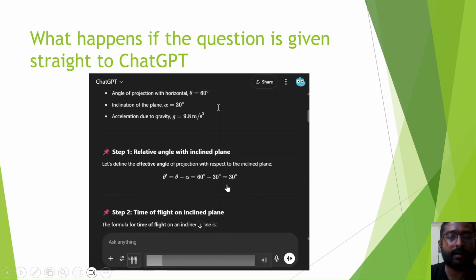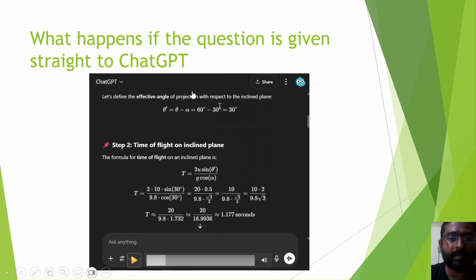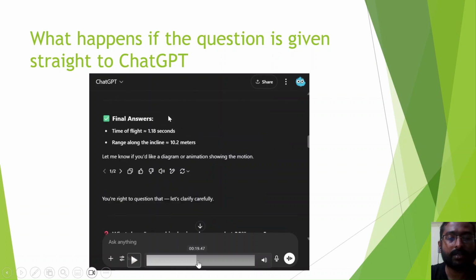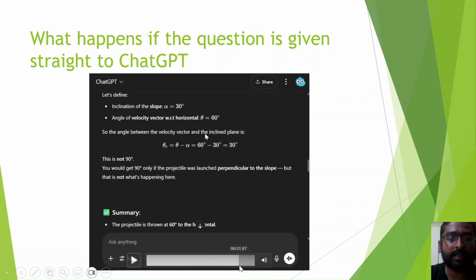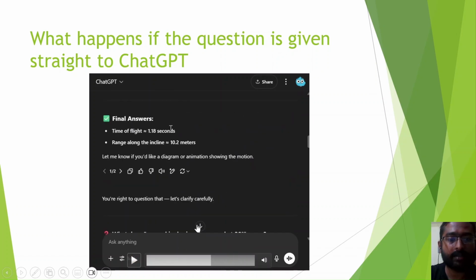When we plug the question straight into ChatGPT, we know that the effective angle is actually 90 degrees, but it took it as theta minus alpha, 60 minus 30 degrees. So ChatGPT used 30 degrees as the effective angle and solved the question. So it got the wrong answer, a final answer of 1.18 and range as 10.2 meter.